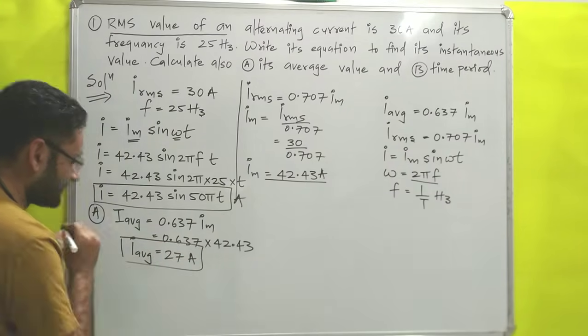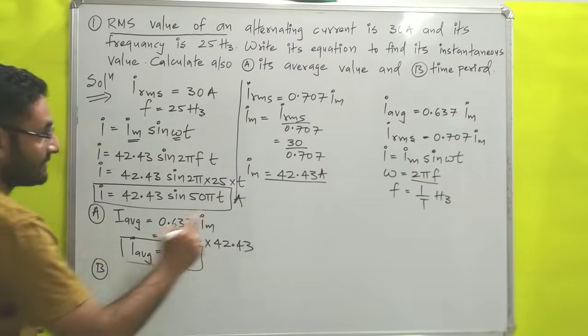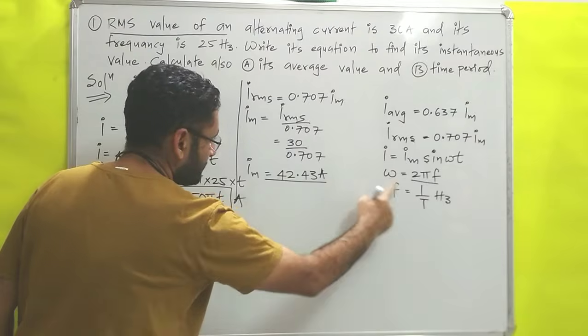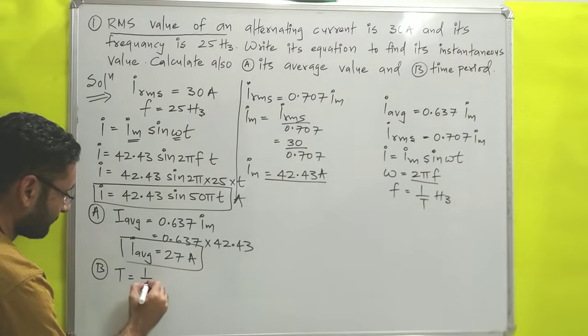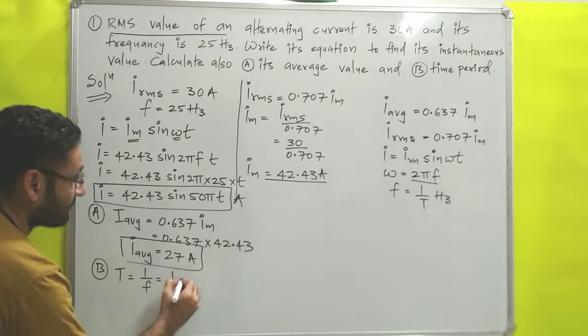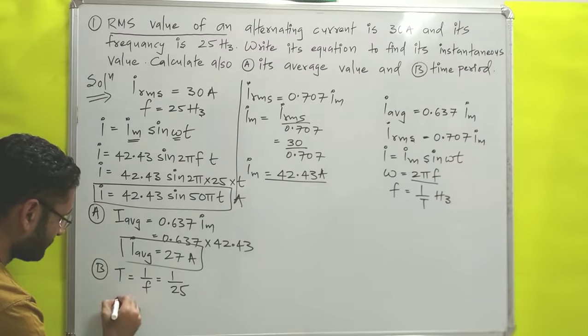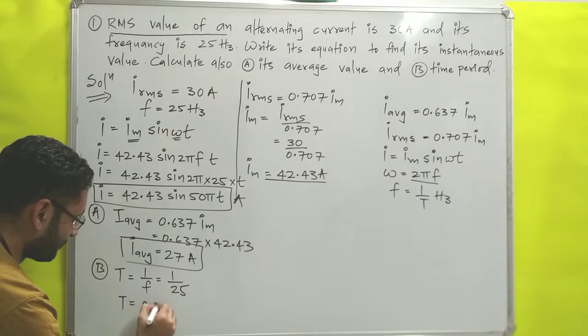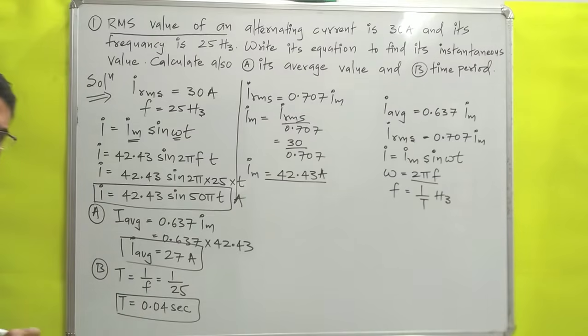That is your next answer. And the last question is the time period. We know one equation, f equals 1 upon T. So T equals 1 by f, which is 1 by 25. That gives T equals 0.04 second. That is your next answer.